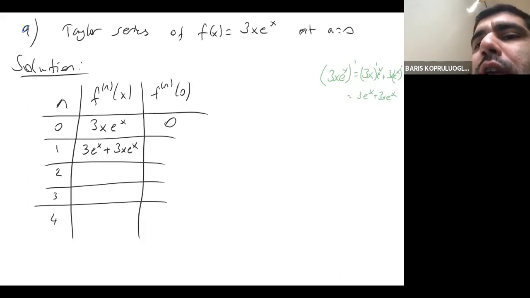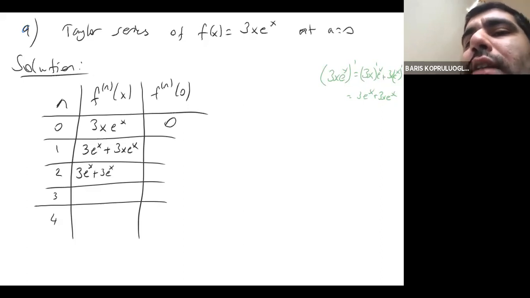And then similarly, the derivative of 3e to the x is going to be the same, and the derivative of 3x e to the x is going to be exactly the same as the previous box.